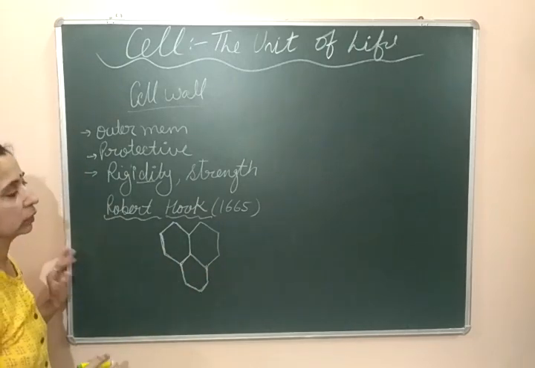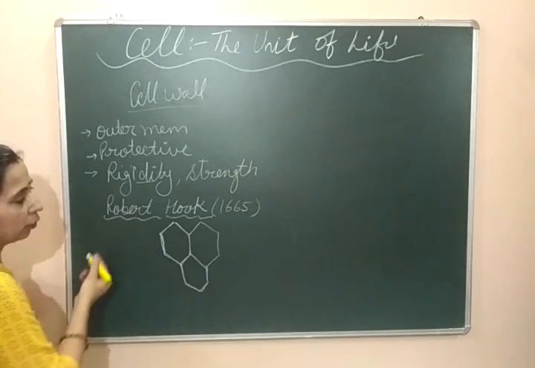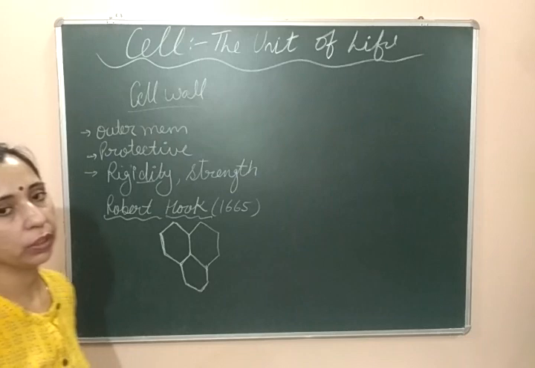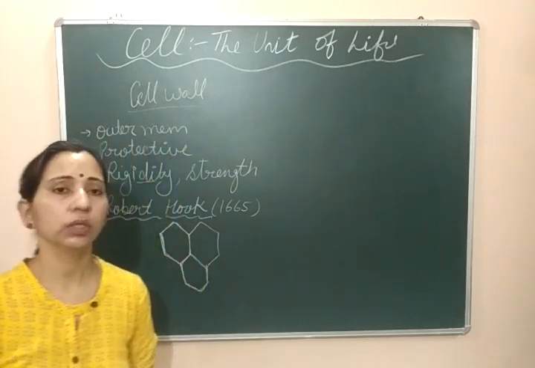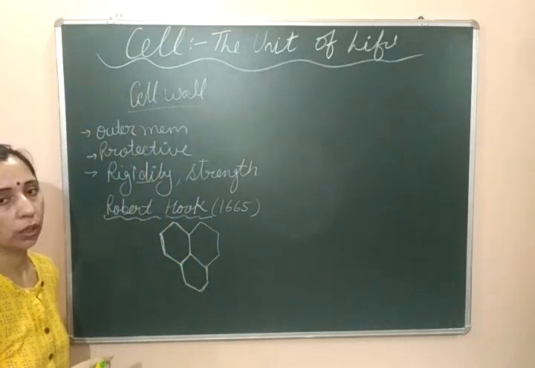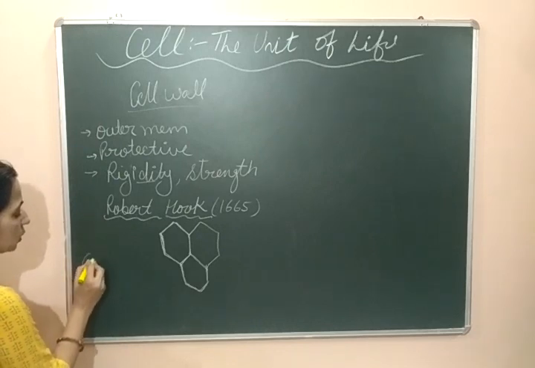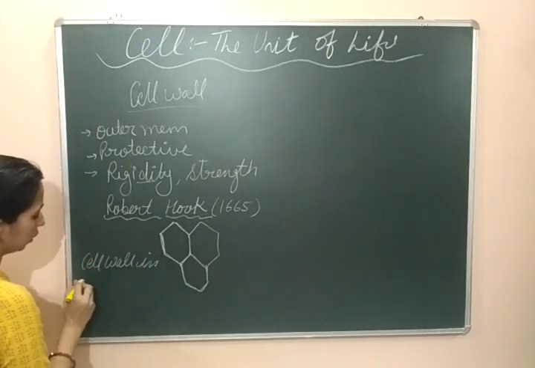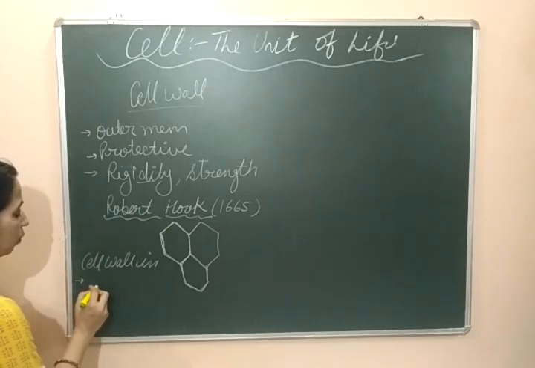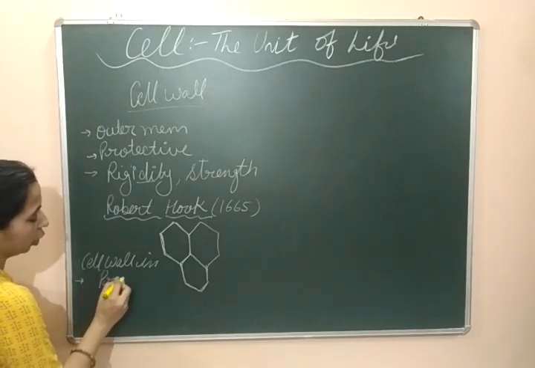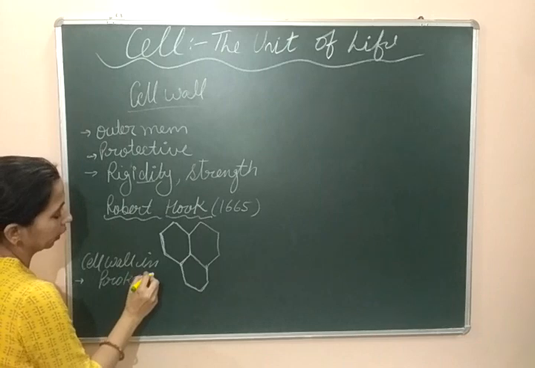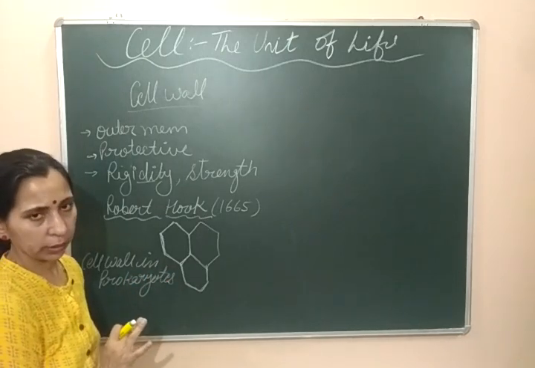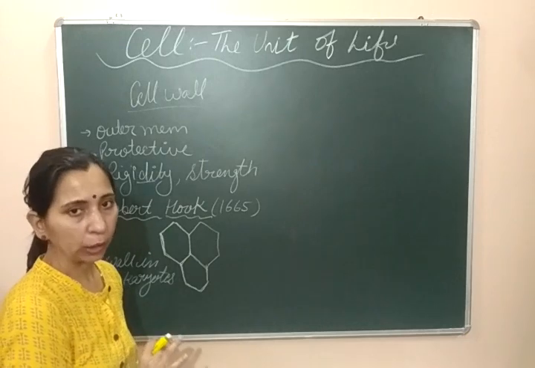So Robert Hooke discovered the cell, and if we talk about the presence of the cell wall, in which type of organism, in which type of cells the cell wall is present, we can say that cell wall is found in the prokaryotes. In prokaryotes, cell wall is present. Here an exception is there. We know about the exception, that is mycoplasma.